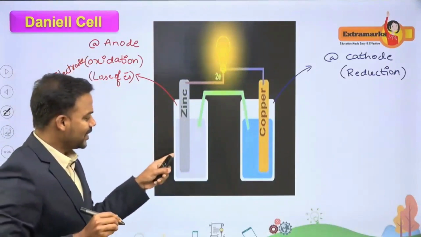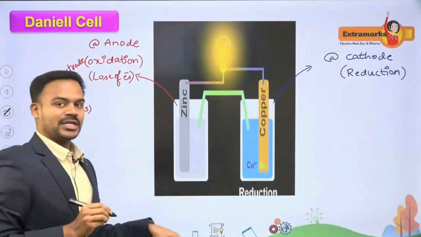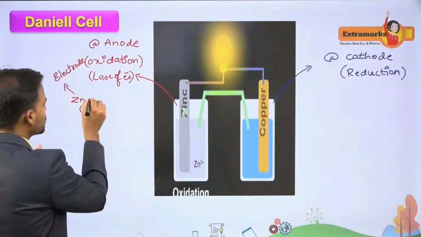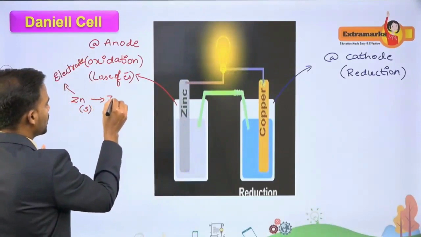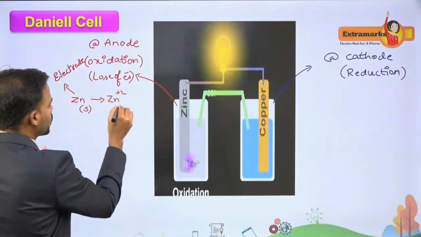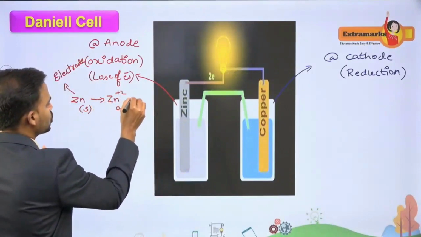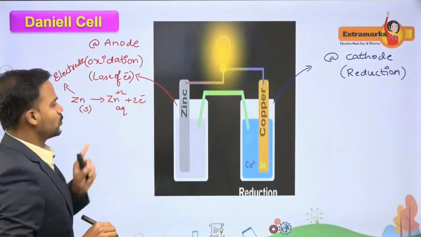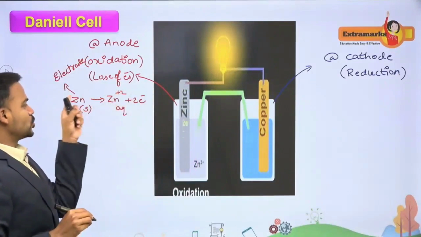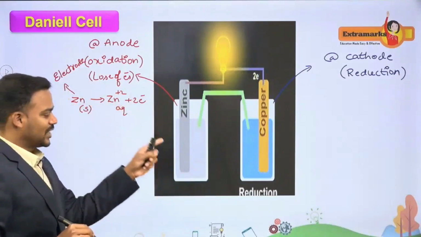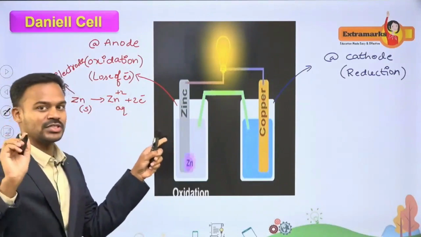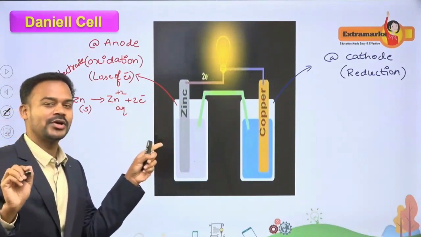What is happening to zinc? Zinc is converting into Zn+2 aqueous plus 2 electrons. So what is happening here? Oxidation. Zinc is undergoing oxidation. The electrode is undergoing oxidation.